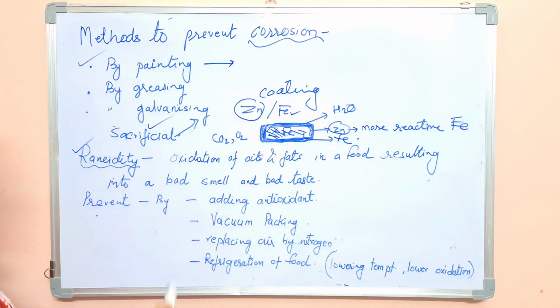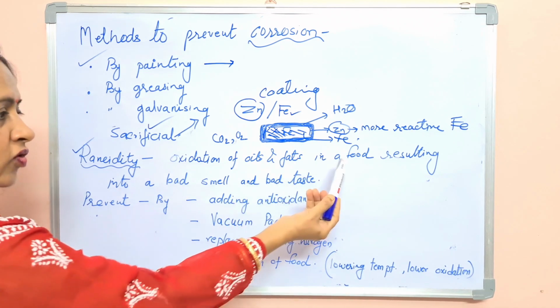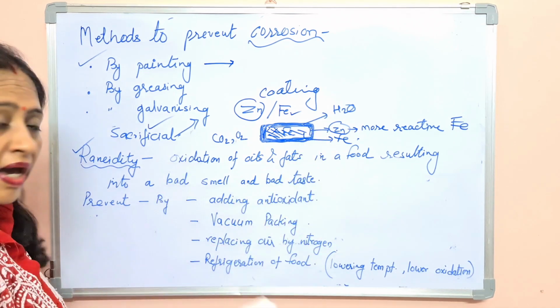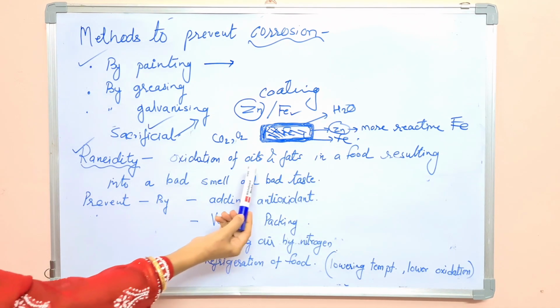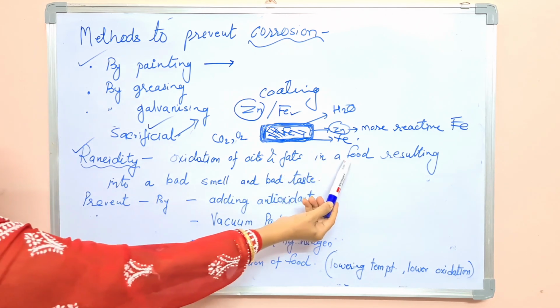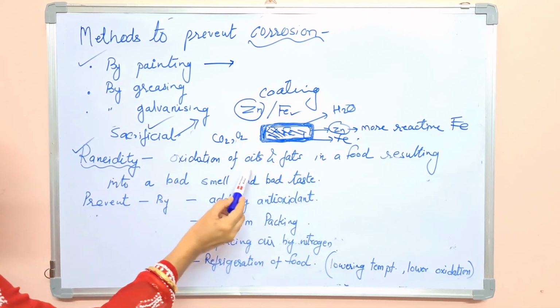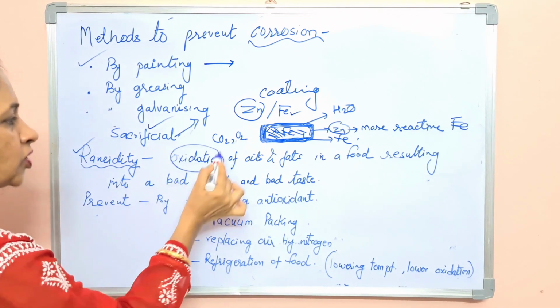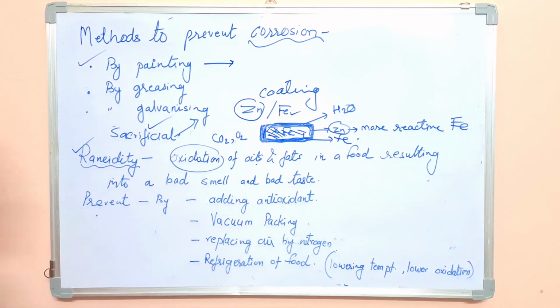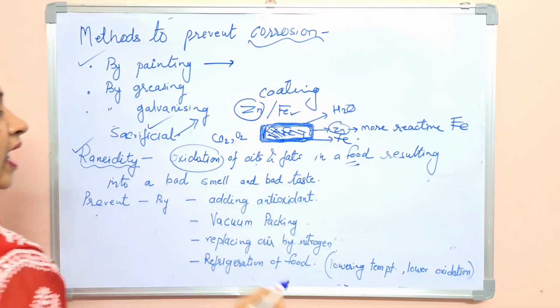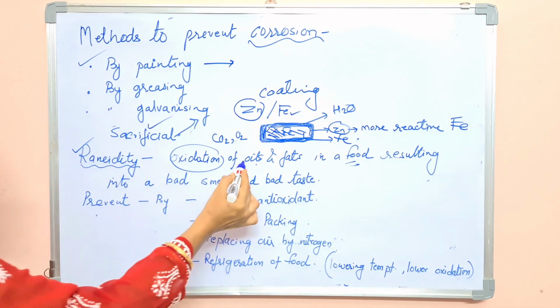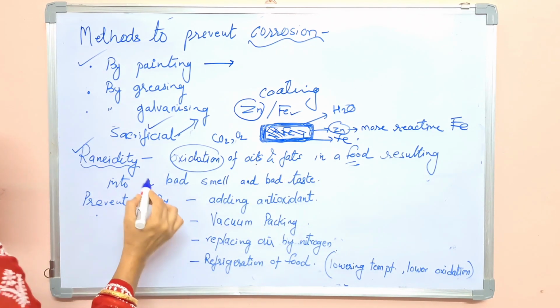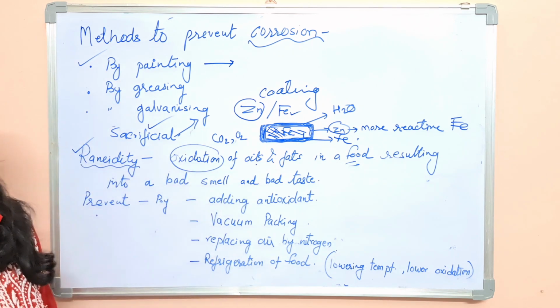And that is rancidity. So rancidity is the spoiling of the food. And why does the food spoil? It is due to the presence of oil and fat in the food. And what happens to the oil and the fat present in the food? There is oxidation of the oil and fat, and because of this oxidation, a volatile substance is formed.